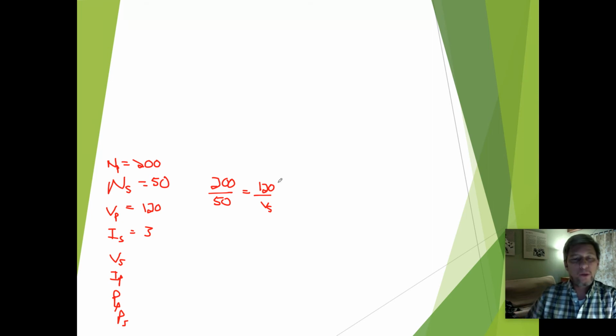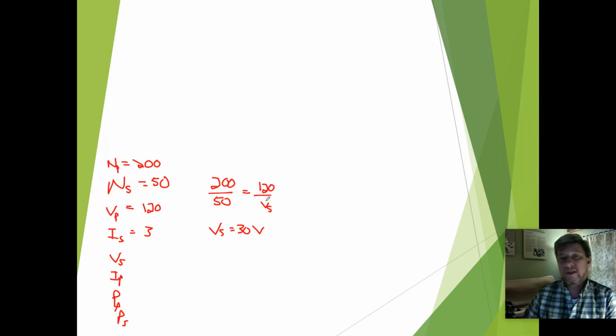Do a little bit of quick arithmetic: 50 times 120 is 6,000, and divide that by 200, and that's going to give me a VS of 30. So the secondary voltage is going to be 30 volts. So obviously this is a step-down transformer.